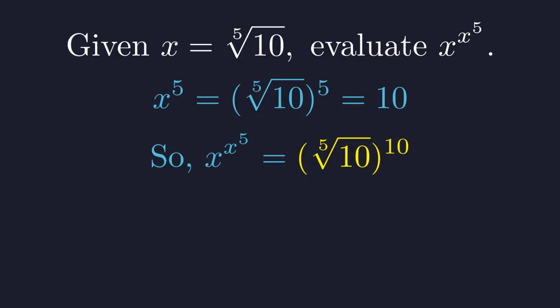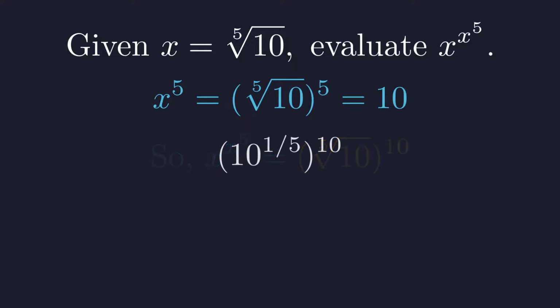Let's rewrite the fifth root as a fractional exponent, 10 to the power of 1/5. This becomes 10 to the 1/5 raised to the 10th power. By the power rule, we multiply the exponents. 1/5 times 10 is 2. The expression simplifies to 10 squared. And 10 squared is, of course, 100. This matches the right-hand side of our original equation, confirming our solution is correct.